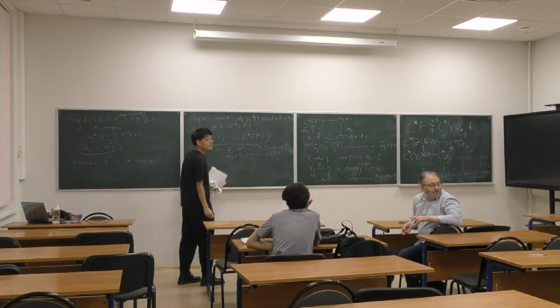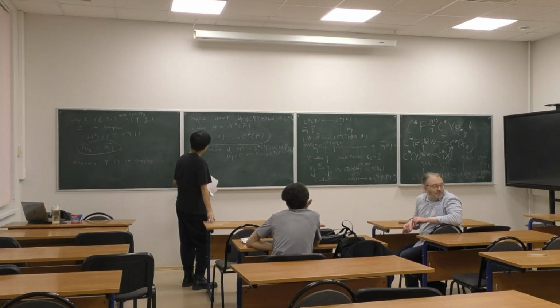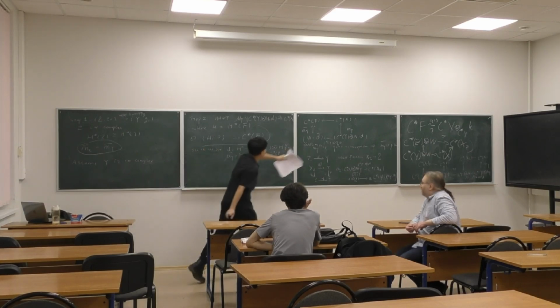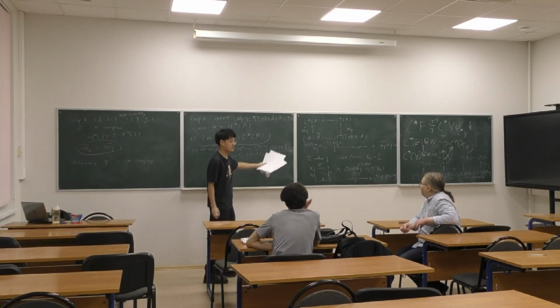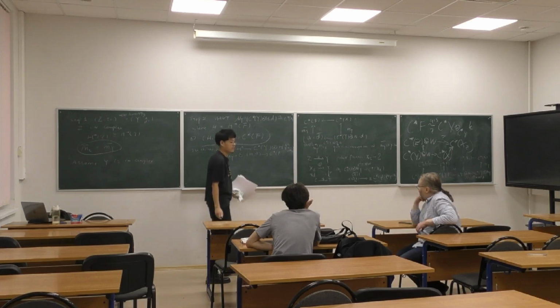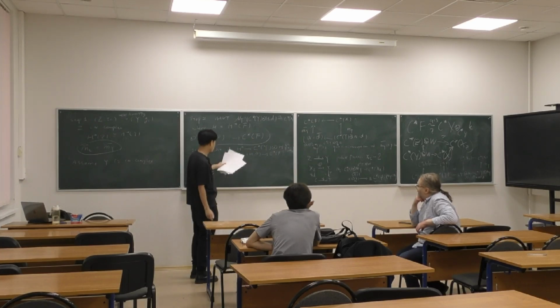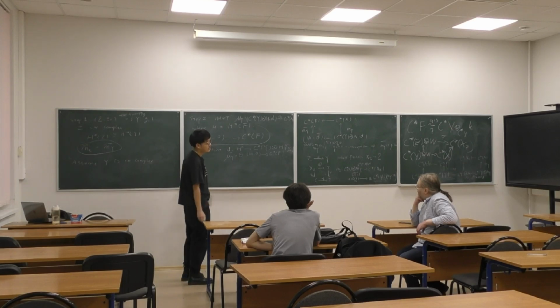Does anyone understand what's going on? So y hat is this thing and the same thing in this diagram, and we need to prove this is exactly theta. Yes, we need to prove this.